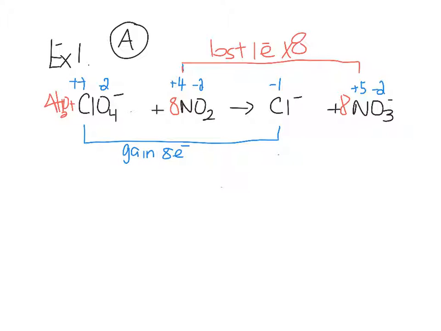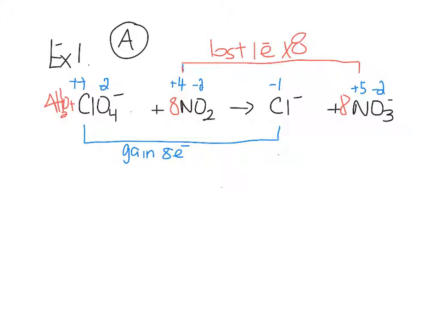Now you have to balance for hydrogens. Count out how many hydrogens there are on the left, how many hydrogens there are on the right. The side that has a deficit, you're going to add the correct number of H plus ions. How many H2O do you have? 4, sorry, yeah.